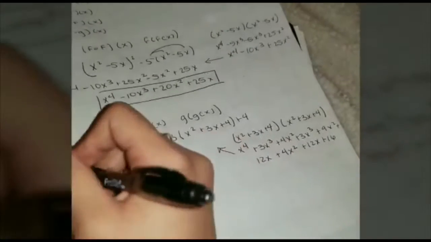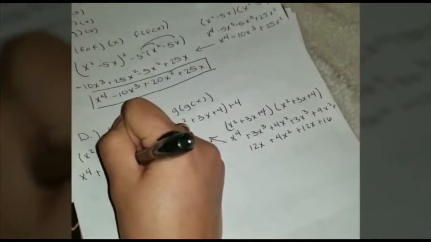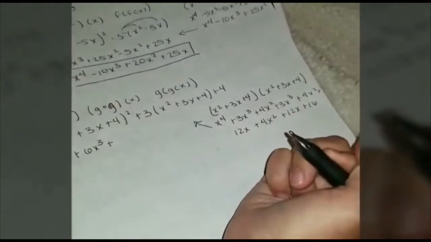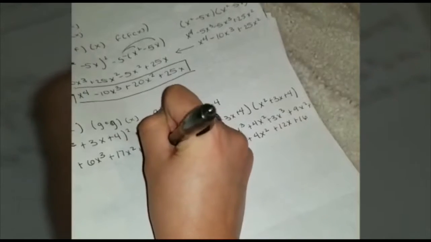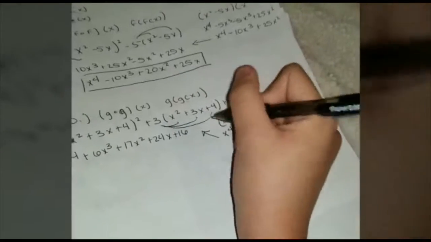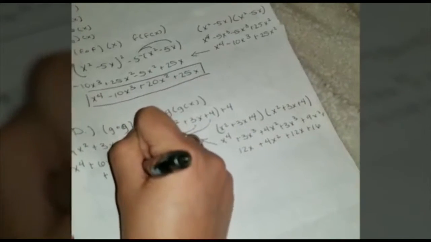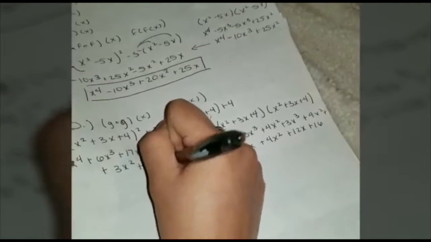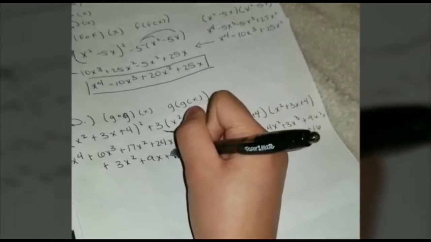So you're going to end up getting x to the 4th plus 6x cubed plus 17x squared plus 24x plus 16, and then from there you distribute the 3 inside what's inside the parentheses, so you're going to get 3x squared plus 9x plus 12 plus 4.